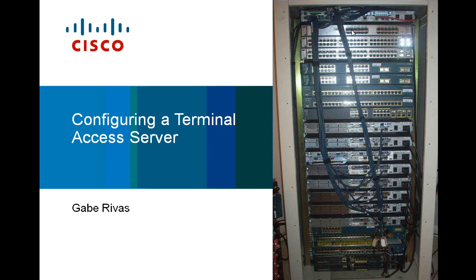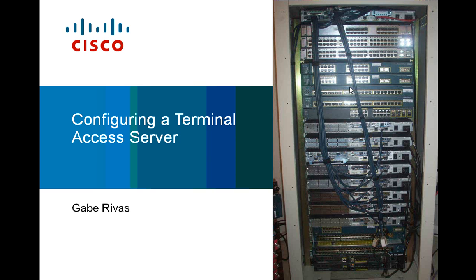Going back to this first picture, you can see they have the network module in the slot of the ISR router, and then the octal cable connected to the module. The RJ45 side of the octal cable goes into a console port of the device that you want to configure.